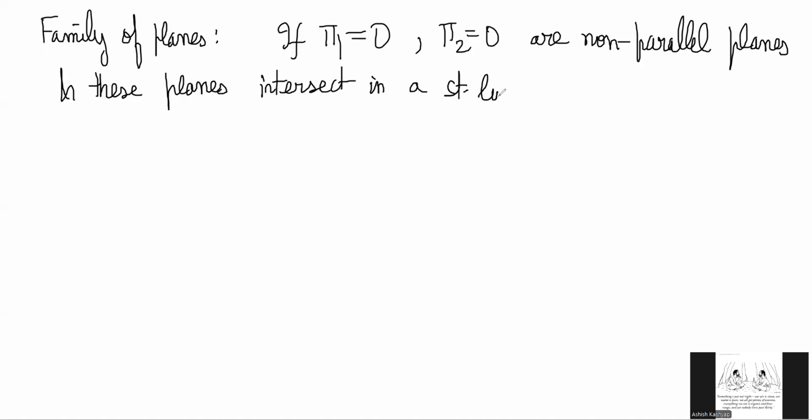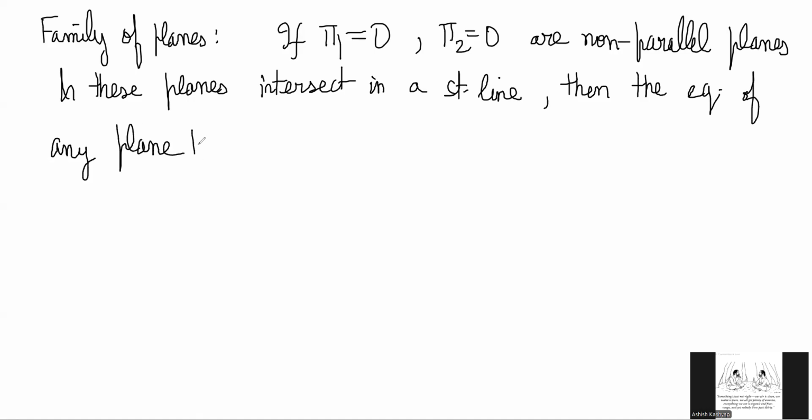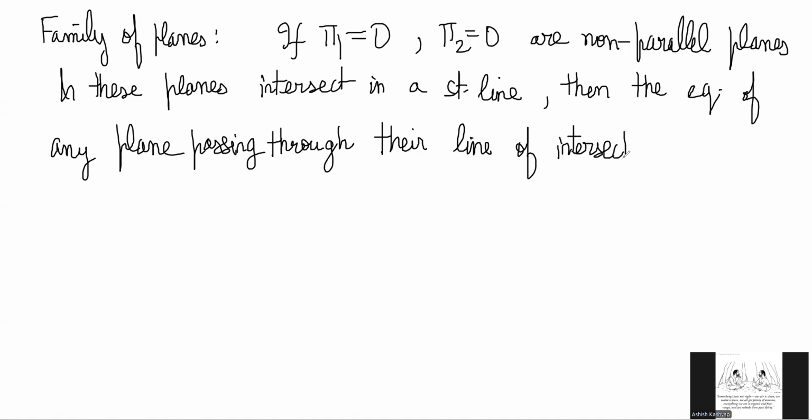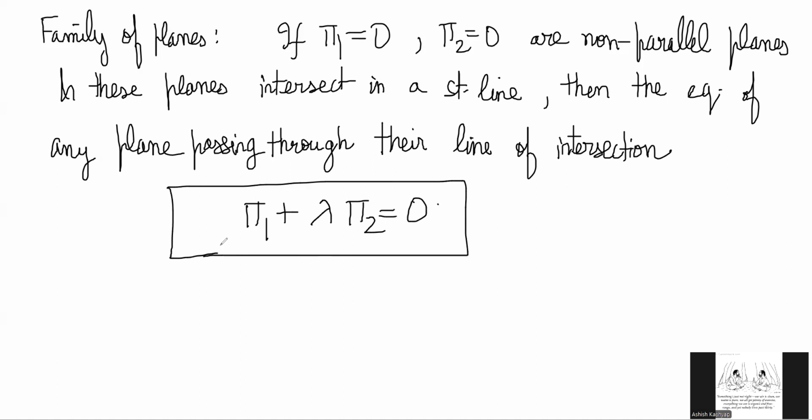Two planes always intersect in a straight line. There will be a line of intersection between two planes. Then the equation of any plane passing through their line of intersection will be given by pi 1 plus lambda pi 2 is equal to 0, where lambda is a scalar quantity and lambda can be real numbers.